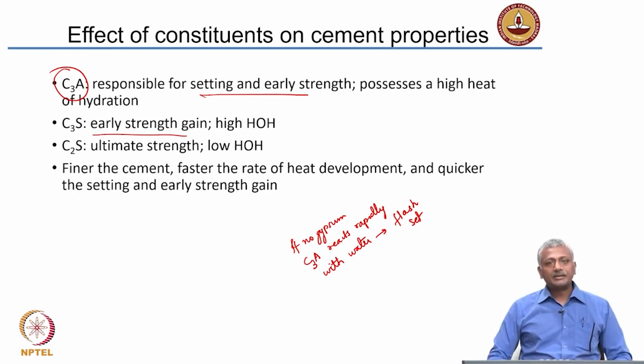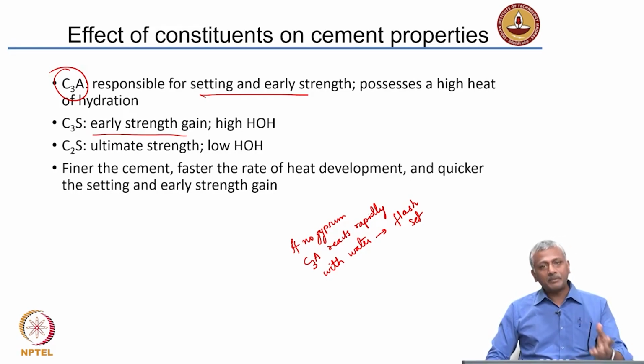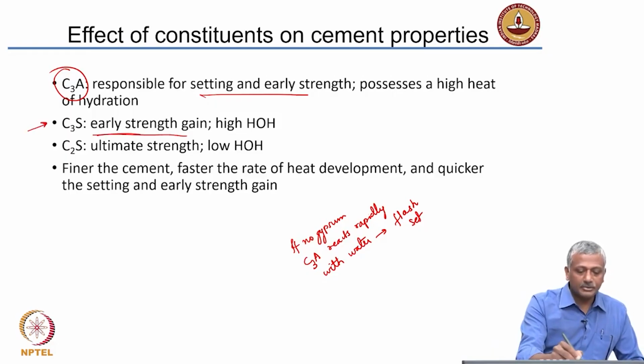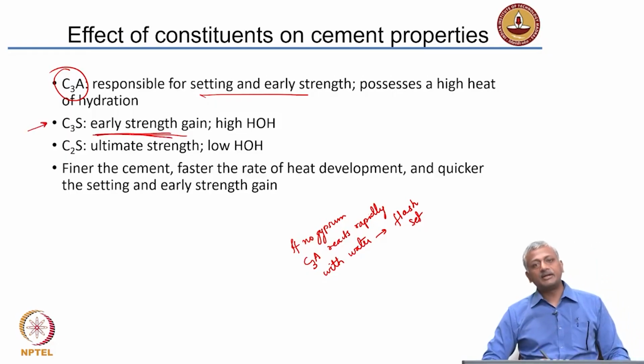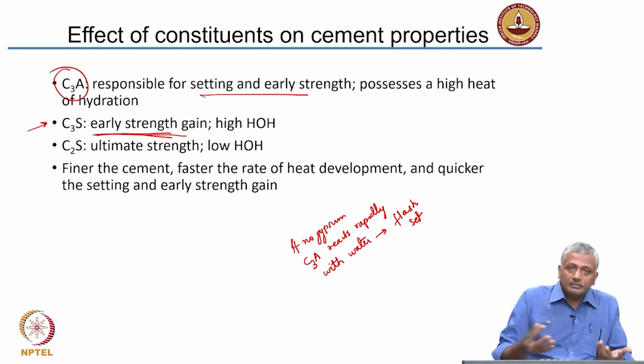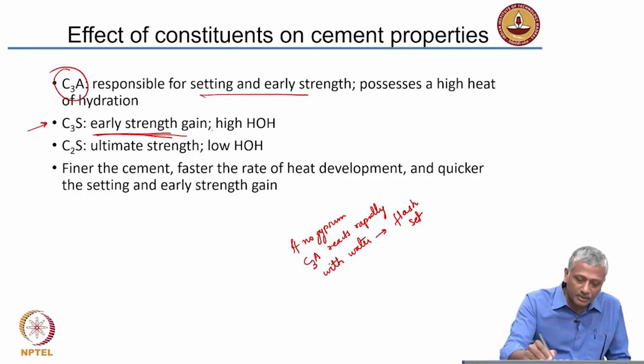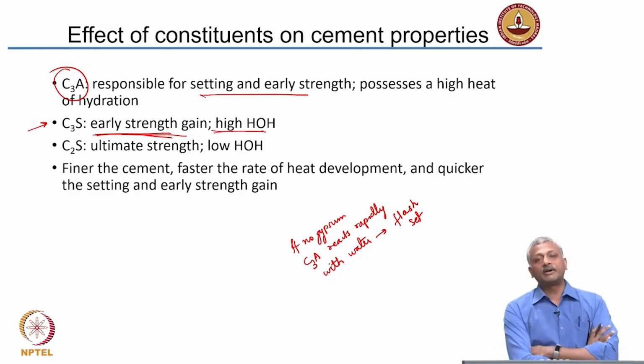So, here the compound that is primarily responsible for the high early strength of the cement is C3S. Okay? So, if you want early strength gain in cement, you want a cement with a high C3S content. And of course, it does not come without any price. You have to pay a price for it. It possesses a high heat of hydration. That means it evolves heat rapidly and the potential for cracking could be significant.